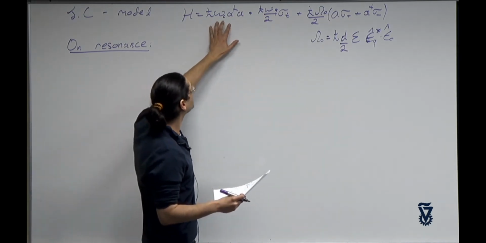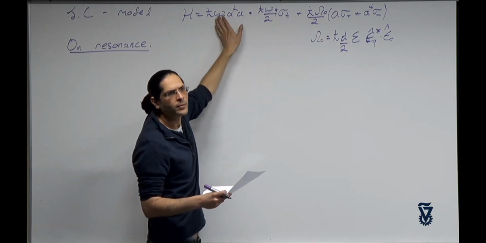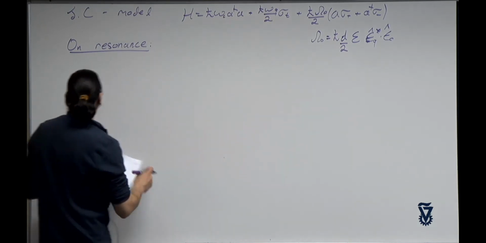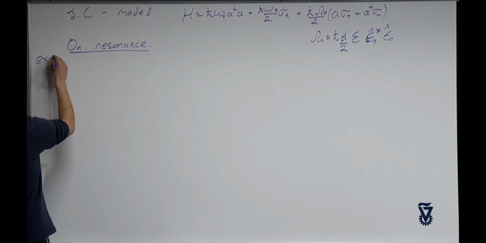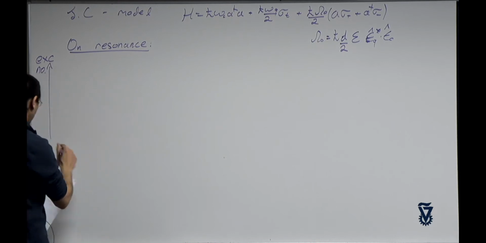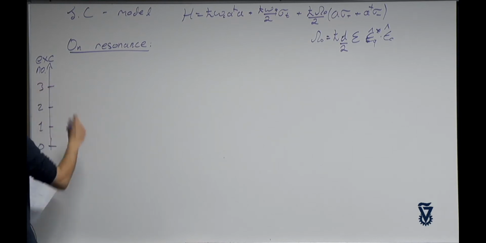There's going to be a harmonic oscillator with sigma z in -1 and harmonic oscillator with sigma z in +1. So the y-axis that I'm drawing here is going to be the excitation number, the number of excitations in the system. So you can have 0, 1, 2, 3, and so on.